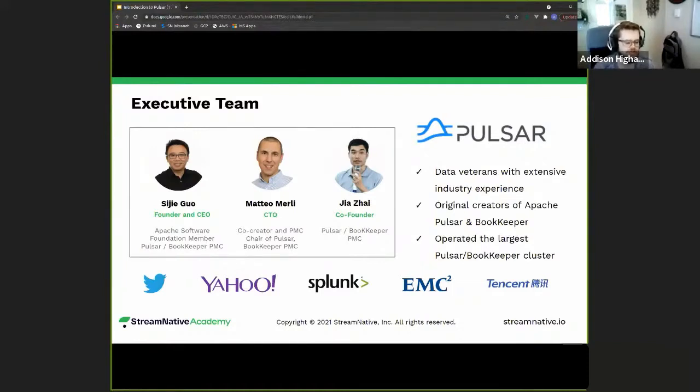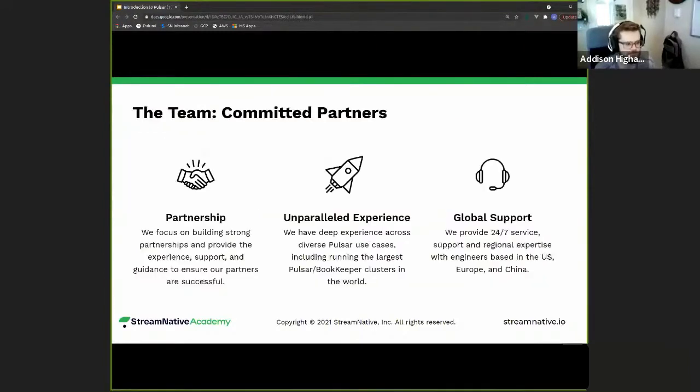Once again, lots of experience with Pulsar, as well as broader data challenges from companies like Splunk, Twitter, EMC, and Tencent. And we really are committed partners. Pulsar is a technology that we see, when utilized well, really able to drive new capabilities.